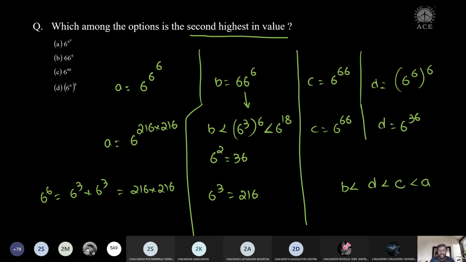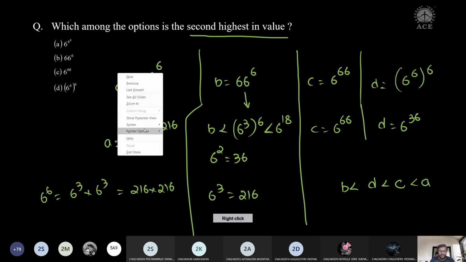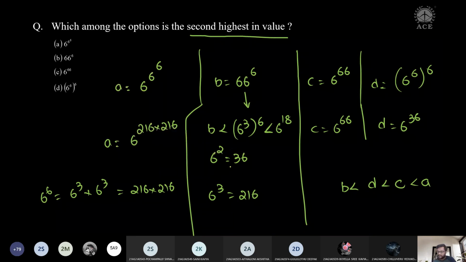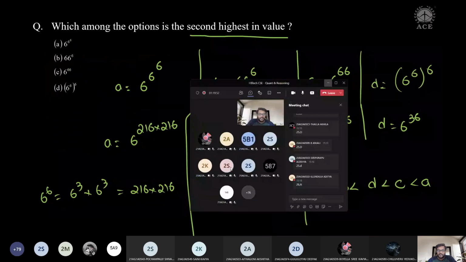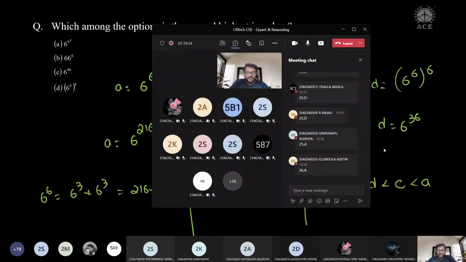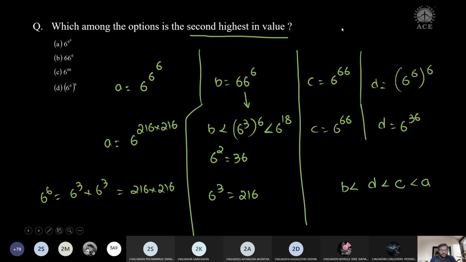They're asking second highest, my dear friends. What is the second highest now? Second highest. Thus, you can decide now. 26th question. 25 already done.